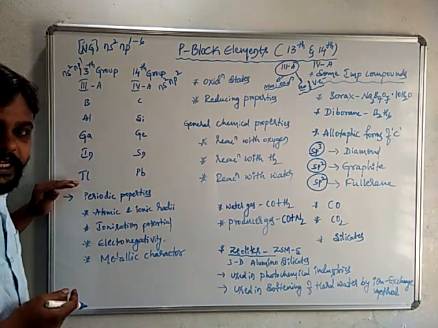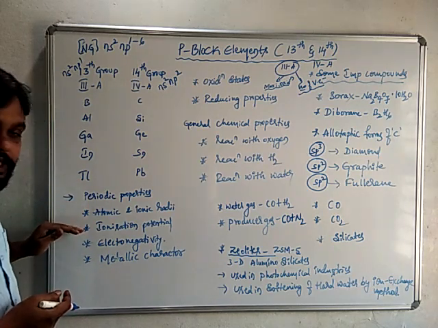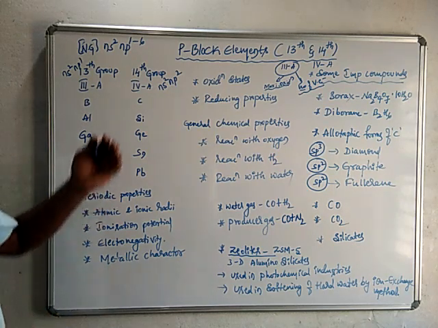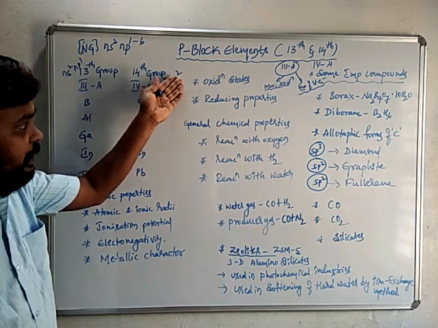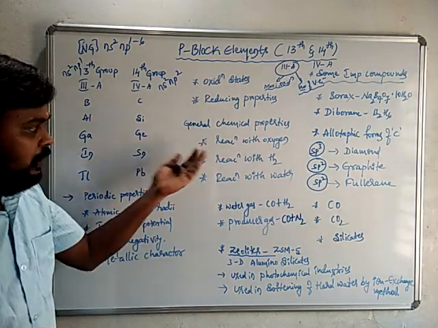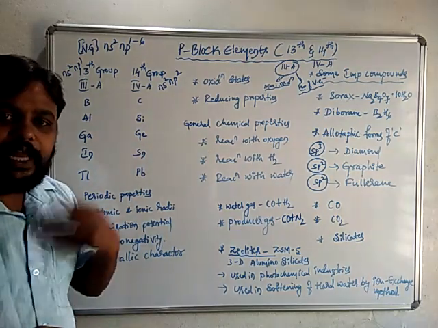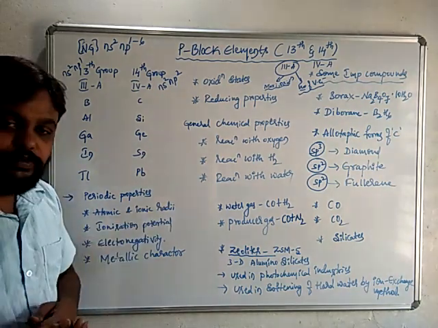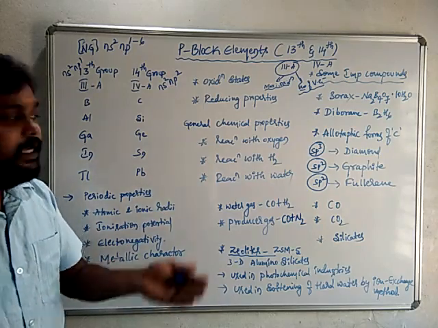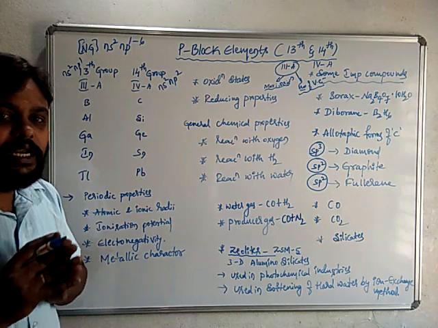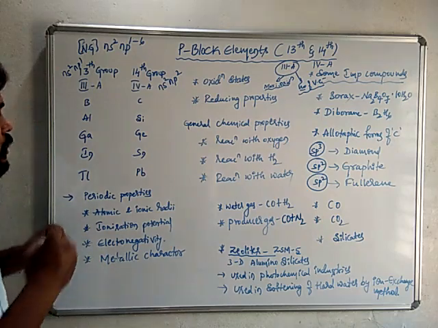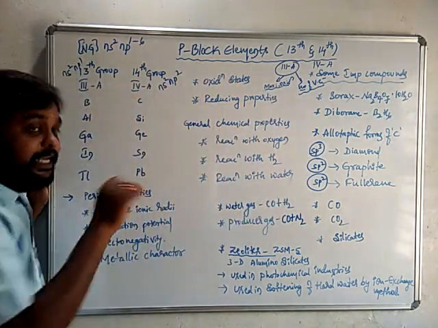After that, the periodic properties like atomic or ionic radii, ionization energy, electronegativity, electron affinity, metallic and non-metallic character, oxidation states and reducing property of those group elements. Then some general chemical properties, like what happens when they react with oxygen, hydrogen, water, nitrogen, carbon. Like this we study general properties regarding all the elements present in the given group. This part is the general part of any group.